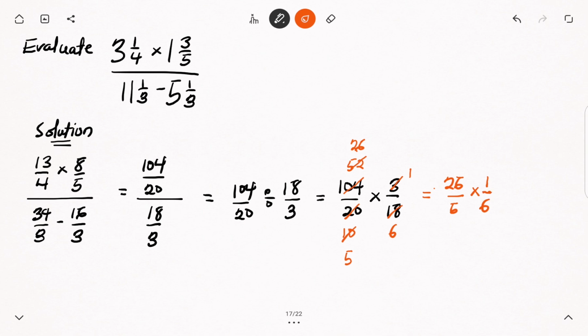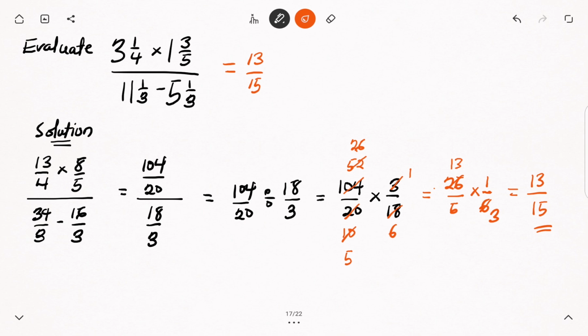Now in that same way, 2 can go here 13 times, then 2 can go here 3 times. So I have 13 multiplied by 1, which will give me 13 at the top over here, then 5 multiplied by 3, which will give me 15 over here. So this becomes my final answer after simplifying all this expression I have at the top over here. So it's 13 on 15.